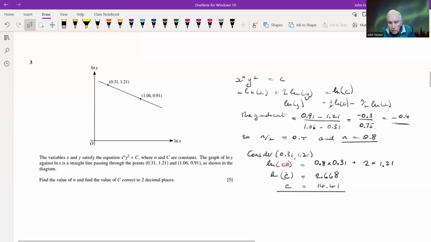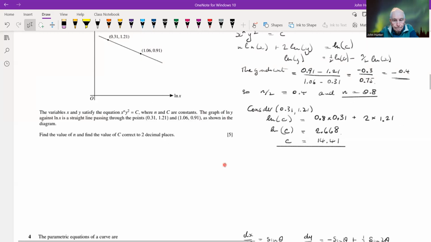All right, well, we can work that through. We get natural log of c is equal to 2.668. And then when we exponentiate both sides, c is equal to e to the power of 2.668, isn't it, which is 14.41. So that is the value of c. So n equals 0.8 and c equals 14.41 are our solutions.